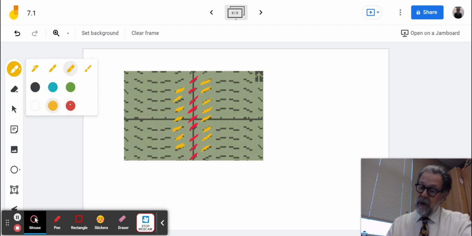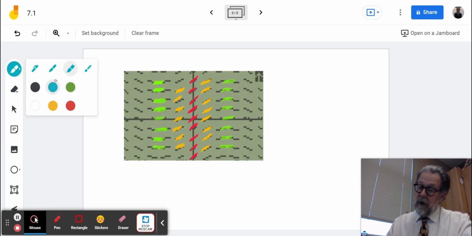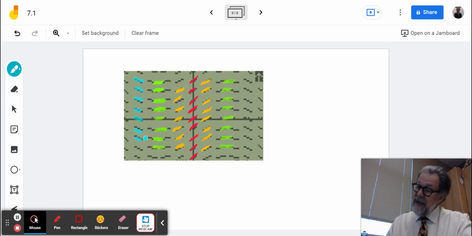We have a slope of 0 here, here, here, and here, and here, and here, and here. And again, over here, slopes of 0. Trying to be as neat and tidy as possible. And then we had our negative half slopes over here and over here.